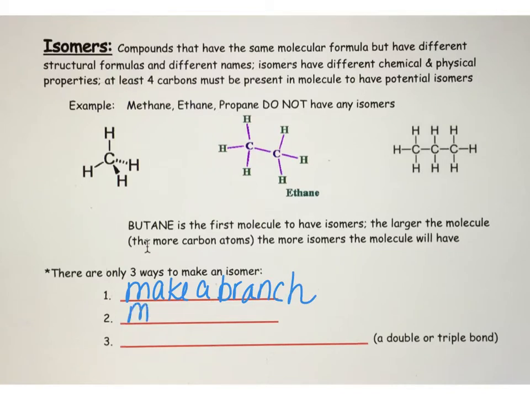You can move a branch, so you've got an existing branch and you're just going to move it somewhere else. Or you can move a multiple bond, which means a double or a triple bond.